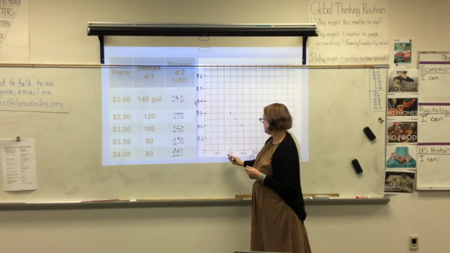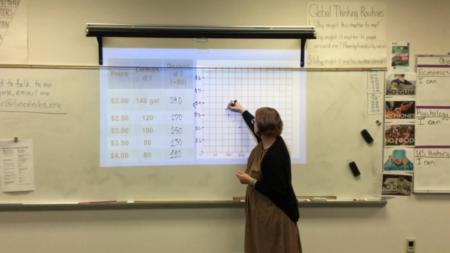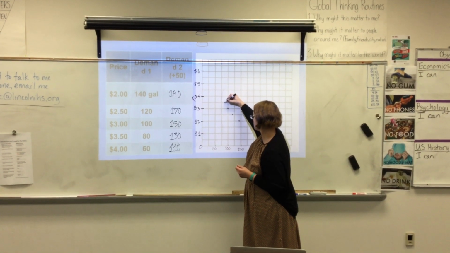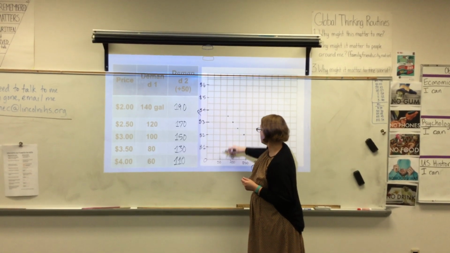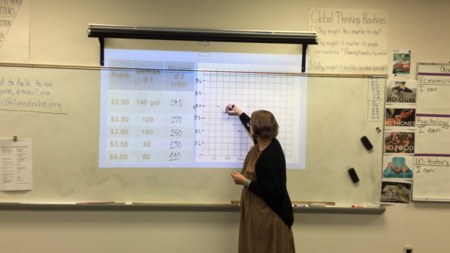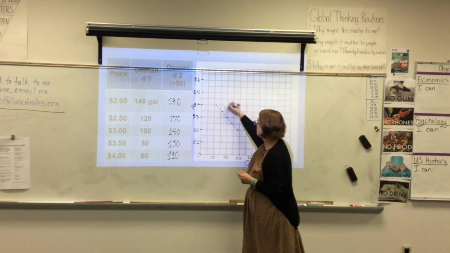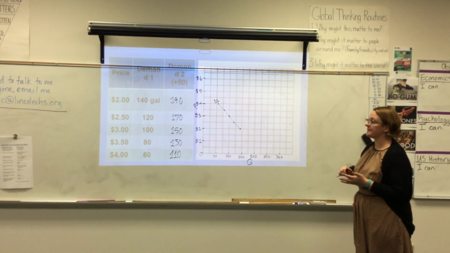At $3.50, I'm at 80. It should be right about, let's see, 75. It should be right about here. At 4, my demand is 60, which should be right about here. So my D1 is going to look something like that.